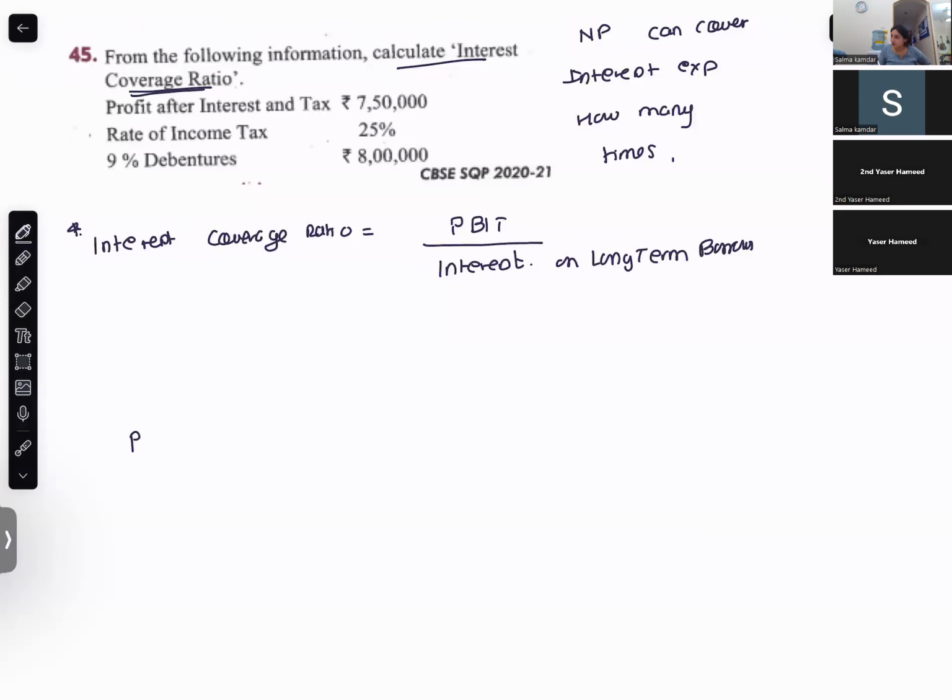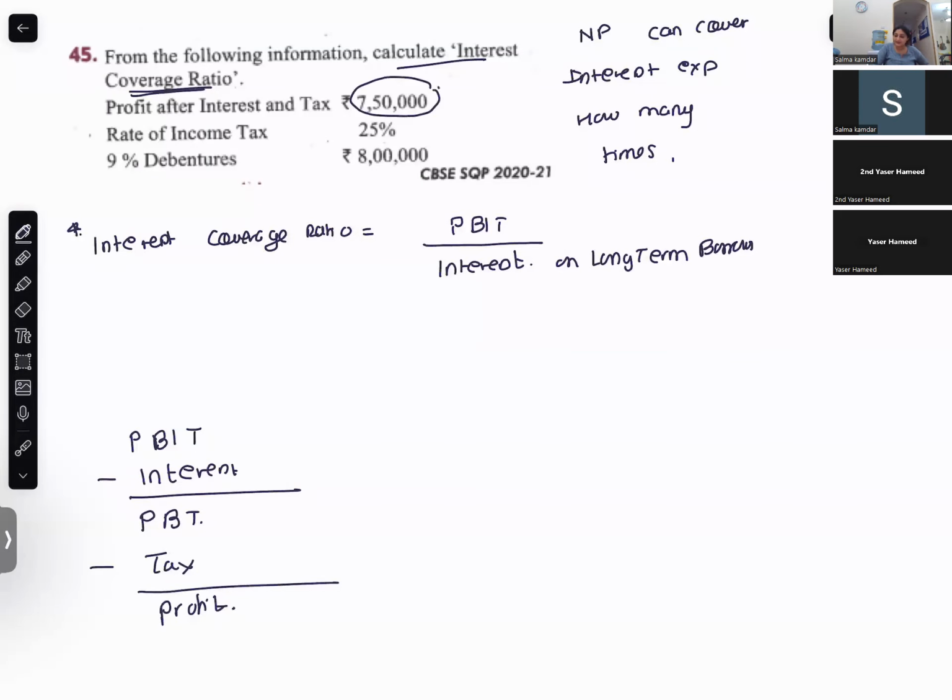So I will write the formula the way we used to write it. Profit before interest and tax minus interest, what do I get? Profit before tax, minus tax, I will get profit. Are you with me? Yes, ma'am. Profit after interest and tax, 7,50,000. This they have given us.